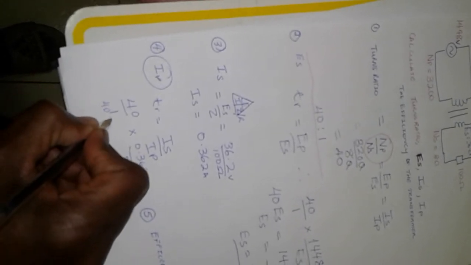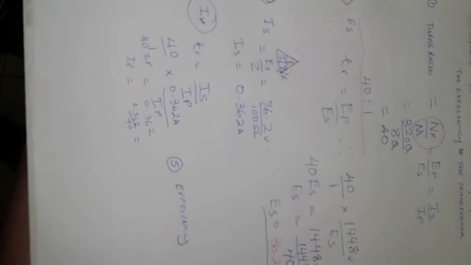We say 40 IP is equal to 0.362. Therefore, IP is now equal to 0.362 divided by 40. And this will now give us 0.00905 amperes, small values of current.